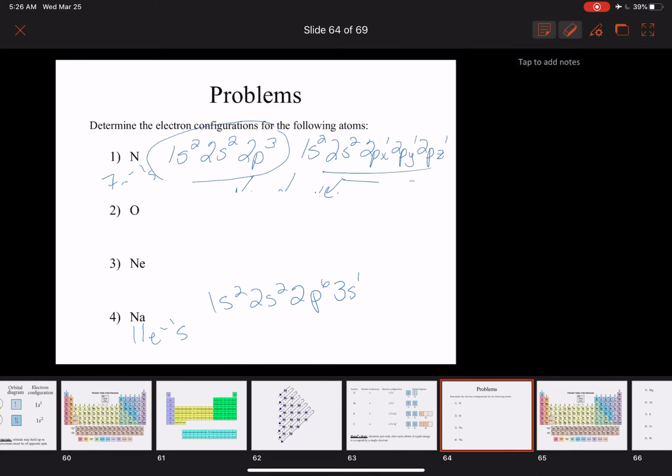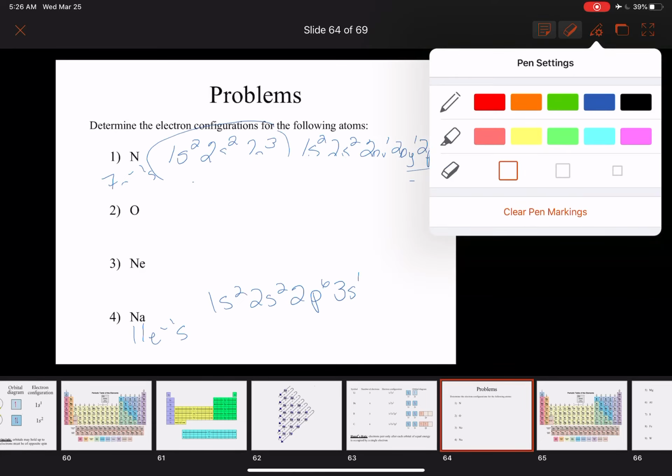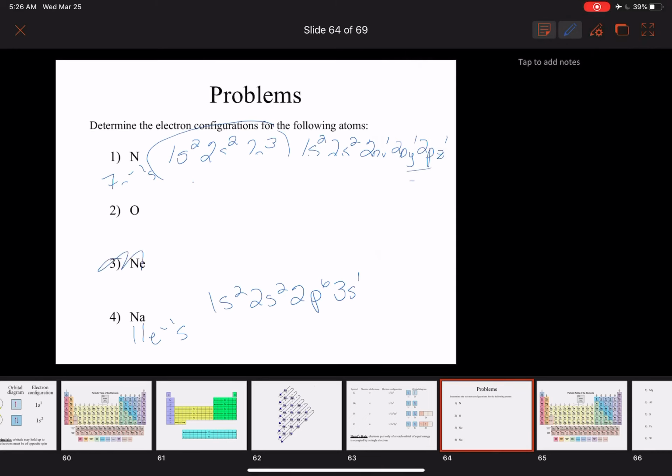Now if we were to write the orbital box diagram for that, how we would write that is we would say 1s, and this one is 2s, and then we'd have the 2p's, and those are all of the same energy level. So again, we're going to smush those together like that, and then we have 3s.